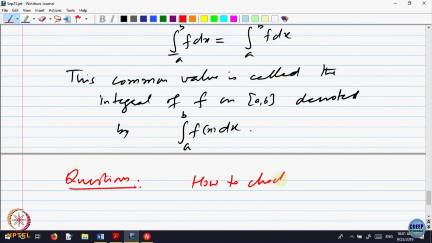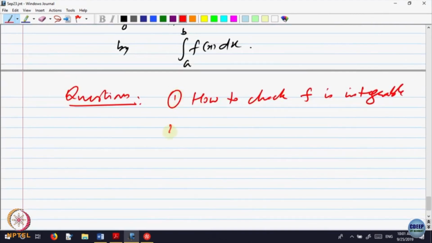One, how to check f is integrable, and second, how big is the class of integrable functions.